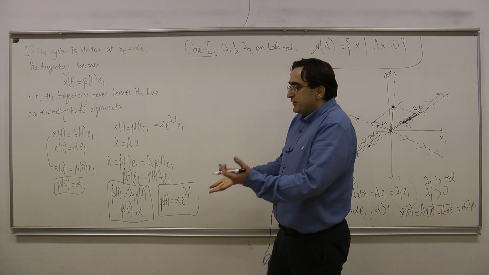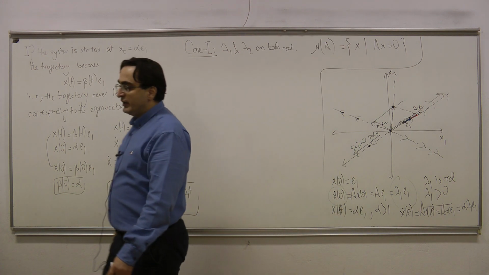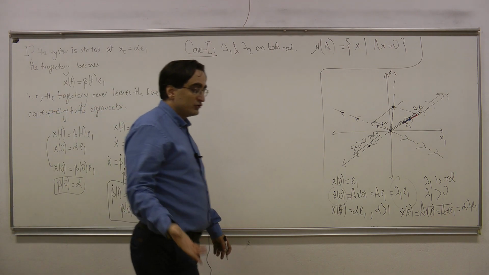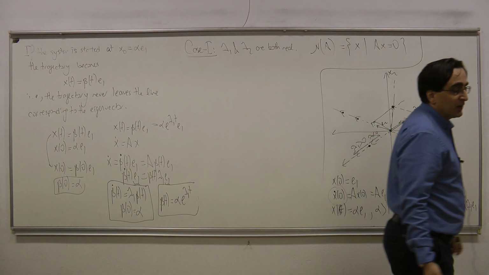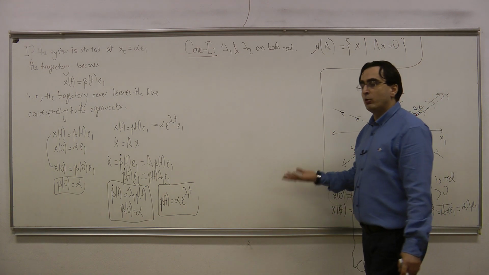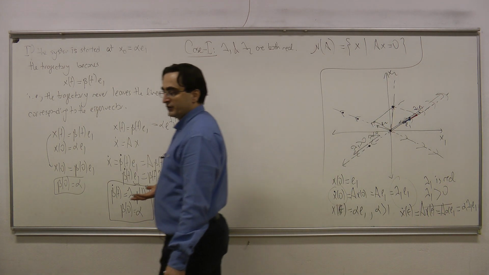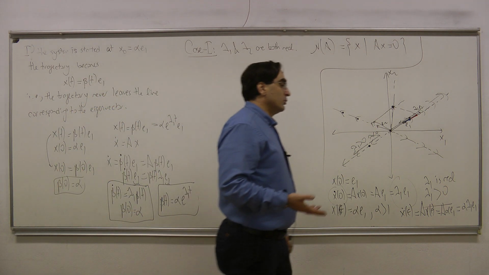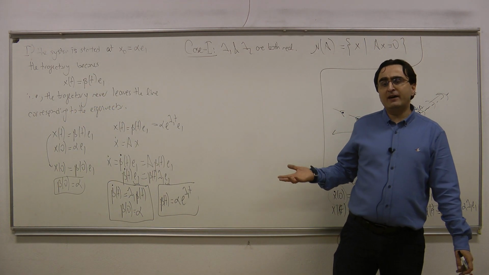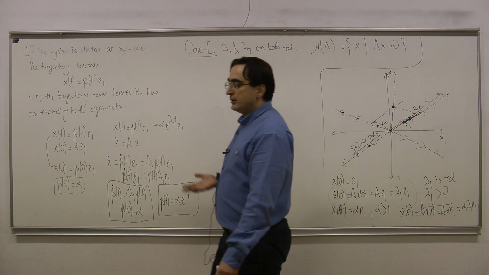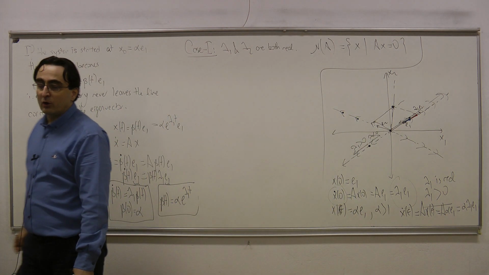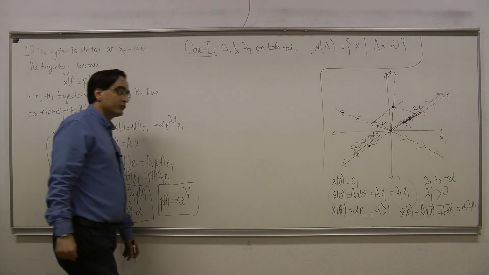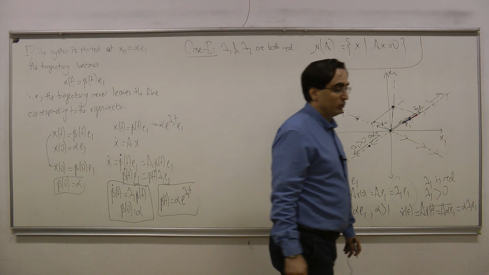Because if the matrix A has real elements, then the characteristic polynomial would be a polynomial with real coefficients. And real coefficient polynomials would always, if they have a complex root, have the complex conjugate of the same root as another root of that polynomial.